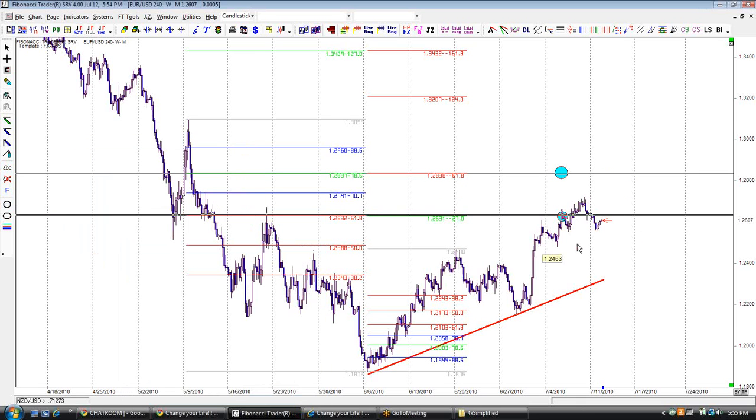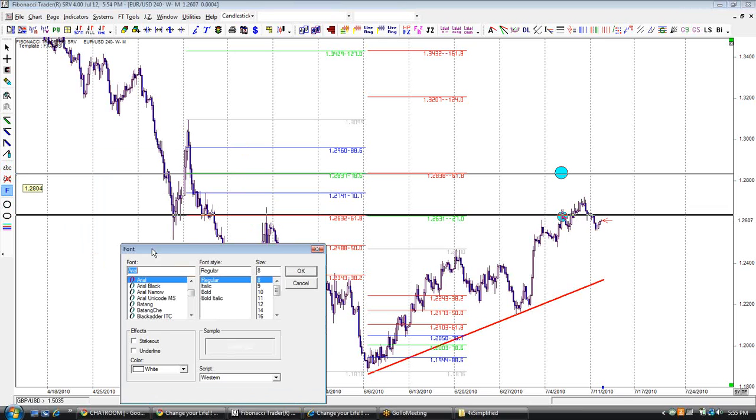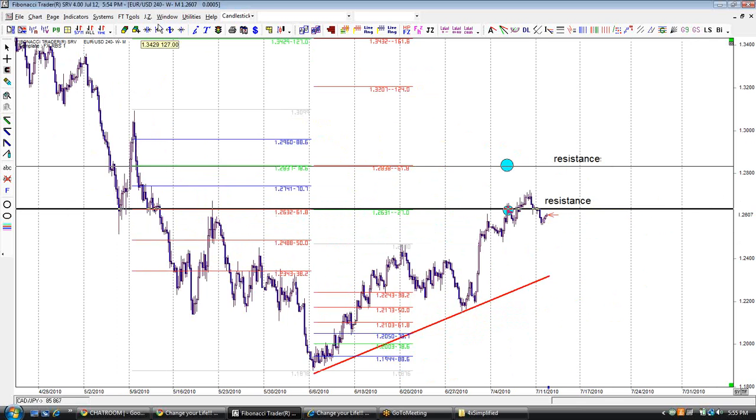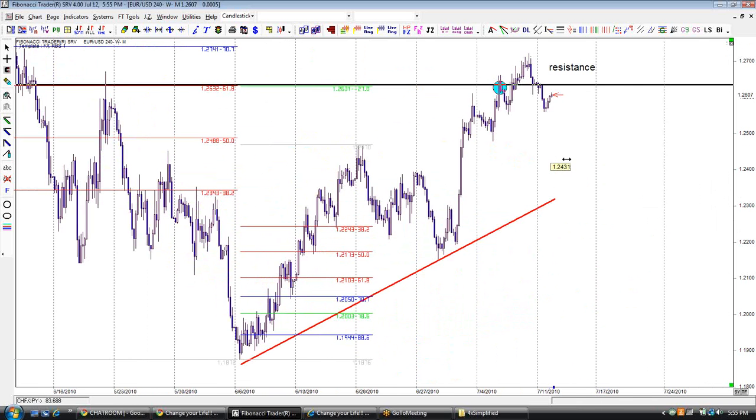So we'll be watching both levels. 126.30, 128.30. Good convergence, good past support becoming resistance. We don't need to go anywhere.